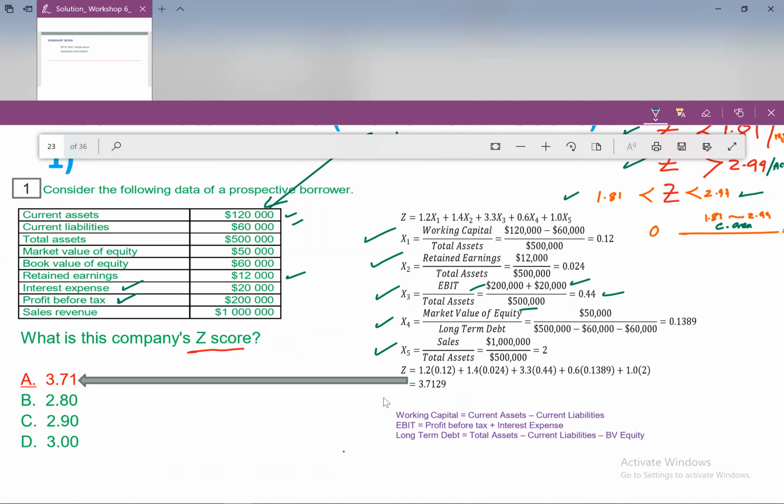Market value of equity is straightforward. Then there is the long-term debt. You have to calculate it because it's not given directly.